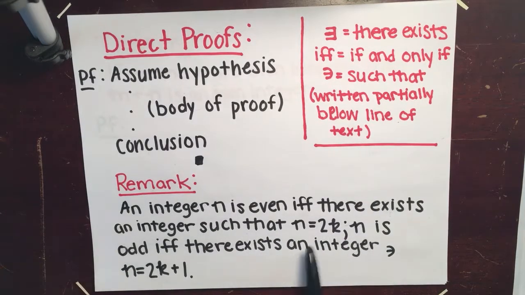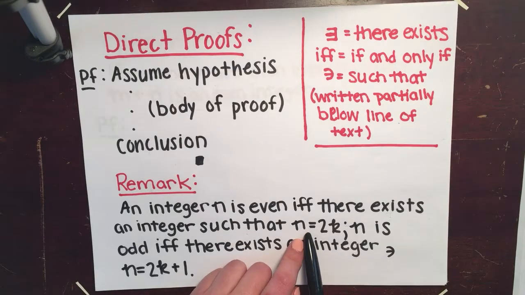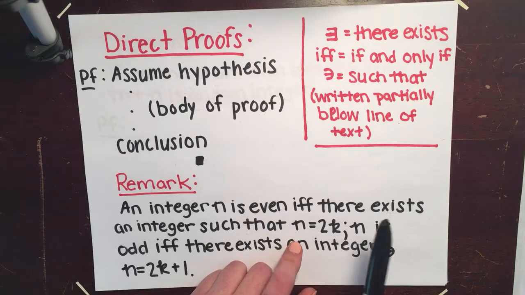So back to this. When you say that n equals 2k, that is assuming that n is even, because any even number is divisible by 2, so that makes n even.